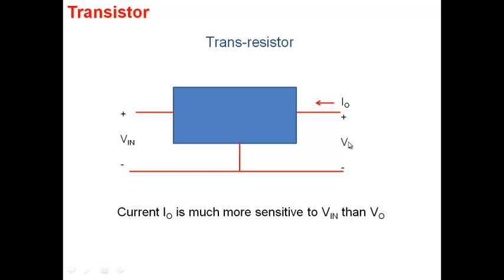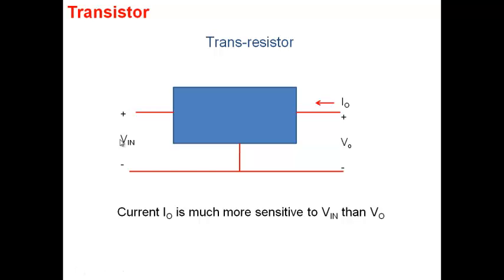If you look at it, you're looking for something which is very strange. Why? Because normally, if I'm looking at a current flowing between a pair of terminals, I would expect it to be very sensitive to the voltage applied across its own pair of terminals and not very sensitive to voltage applied across some remote pair of terminals.